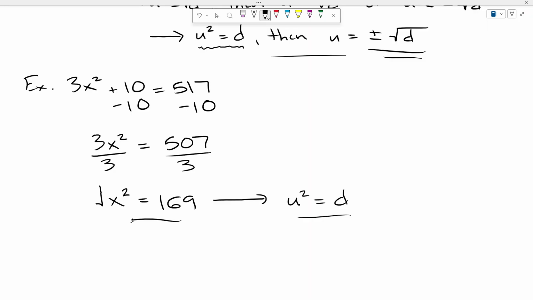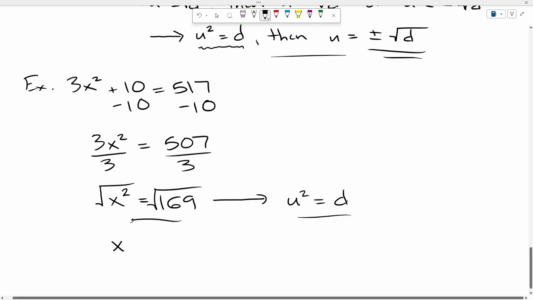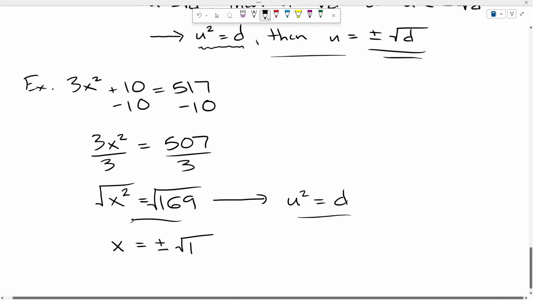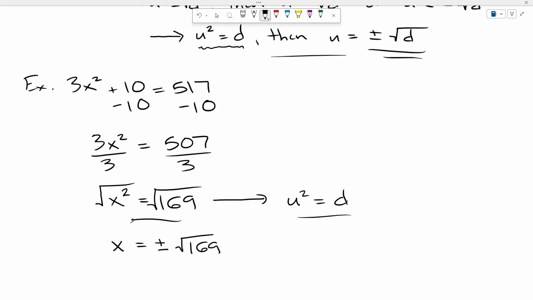So if we take the square root of both sides, okay, because by doing this, the exponent and the square root cancel each other out, so we get just x. And then on the right side, we'd end up with plus or minus the square root of 169, following our square root property up here, because we have it in this form.